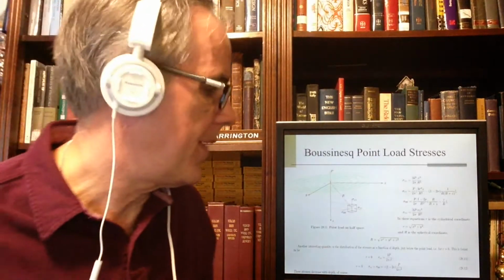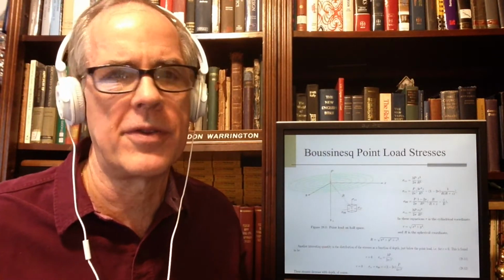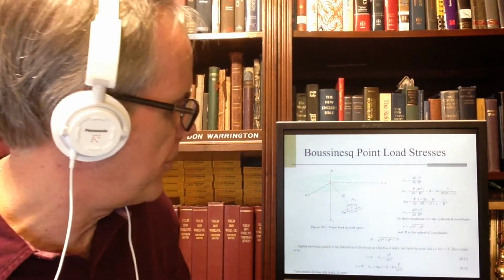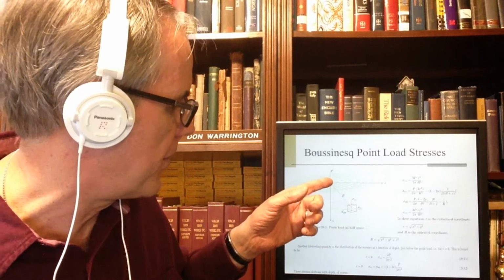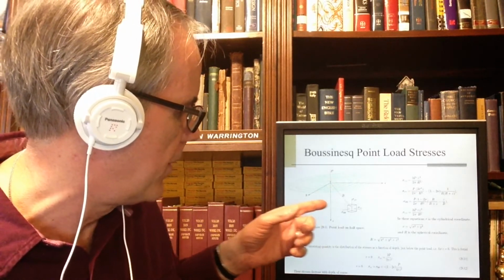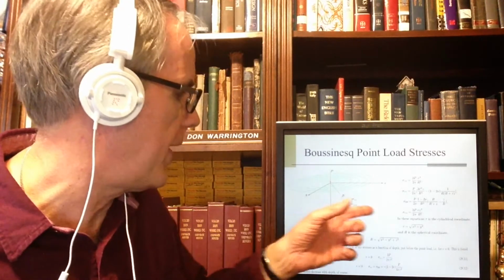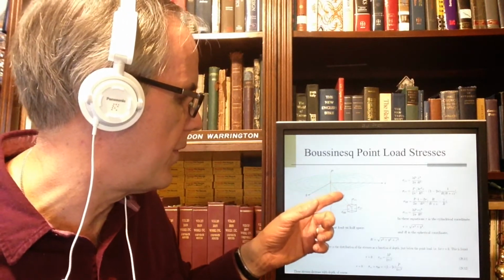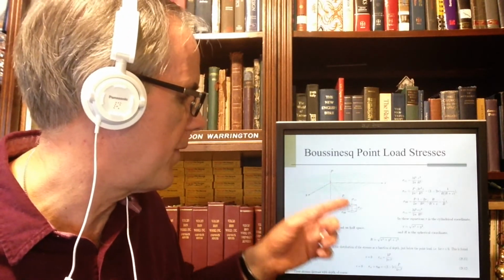Notice that now there is about as many ways of stating these equations as there are books. Voigt uses the Z and R approach. Z is the distance from the load down to the plane of this, and R is the triangle distance from here to here.